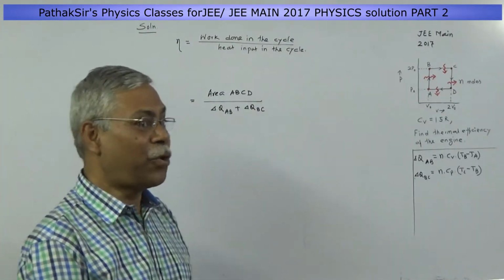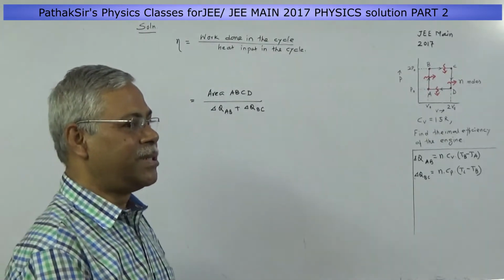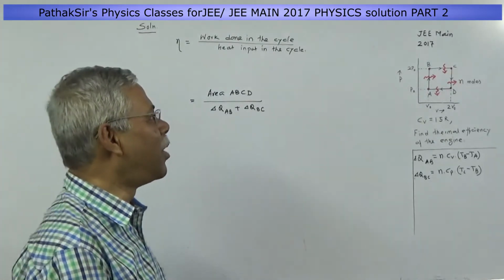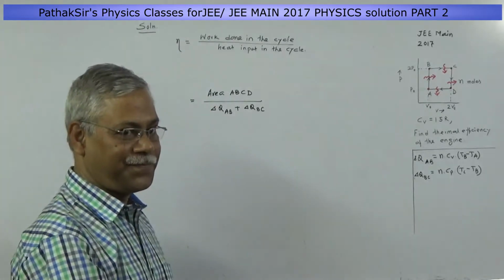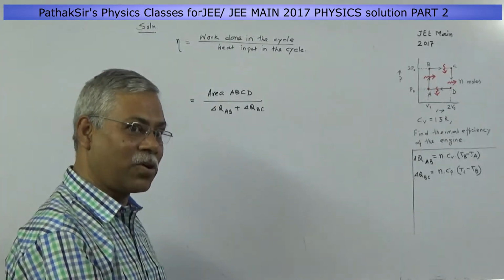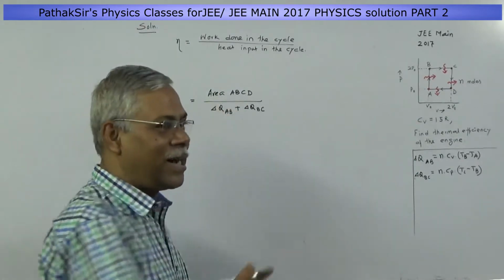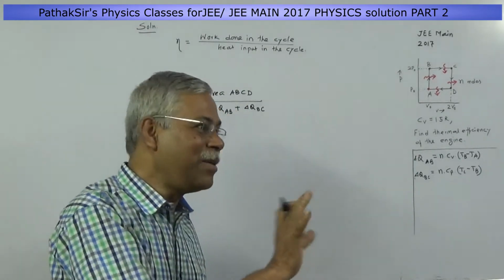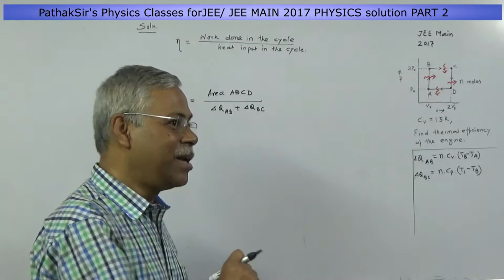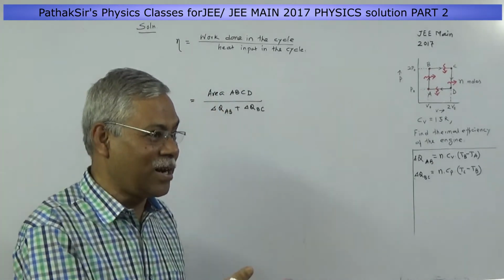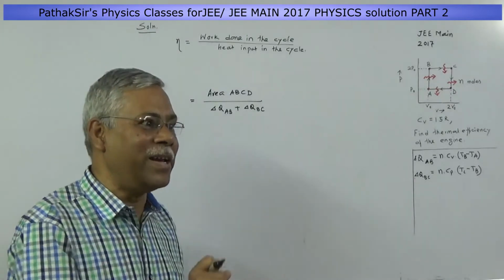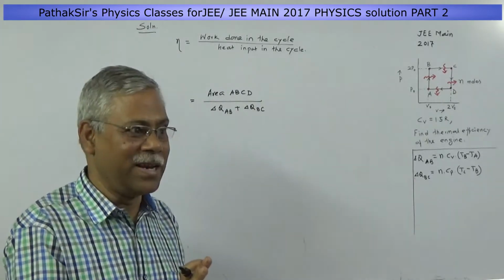Another important thing that you should always be careful about is regarding the sign of the work. Because magnitude of work done will be given by area. But sign of the work, whether it is positive work or negative work, will not be given by area. Area cannot have any negative sign.